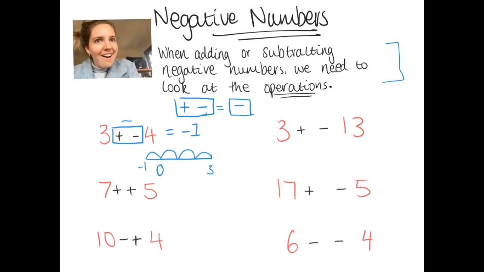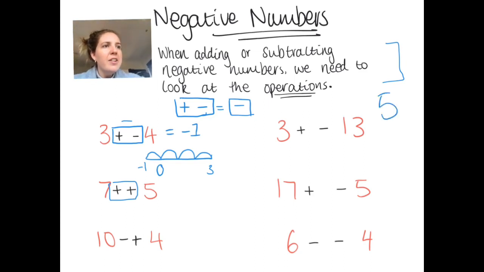Here I have got 7 plus positive 5. When we write the number 5, I don't need to put a positive sign in front of it all the time because I know what it is. But in this case, I've written positive 5 so that we know what it is worth.